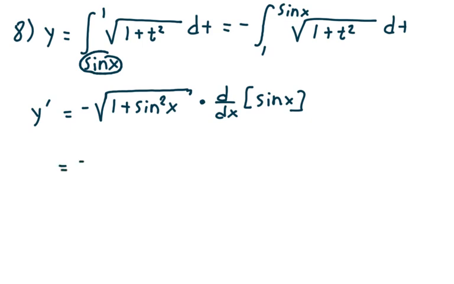And so here, this is negative cosine of x times the square root of 1 plus sine squared x. So again, this is y prime. And that's example 8. This is a really good question. So let's take a look at example 9.